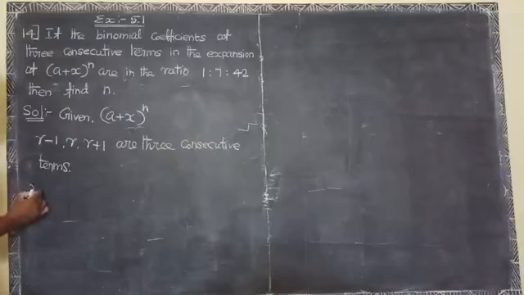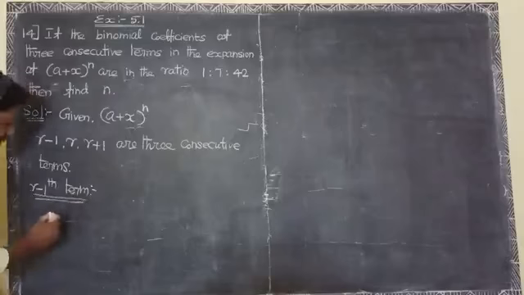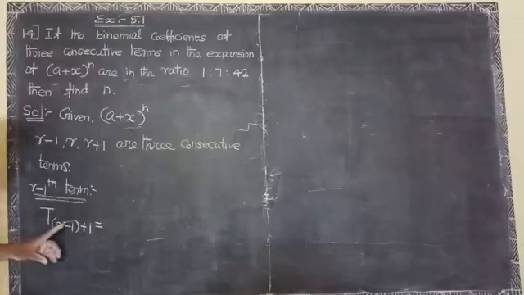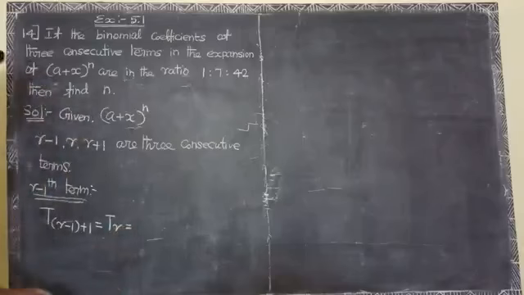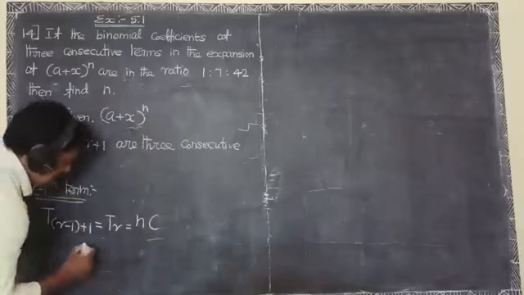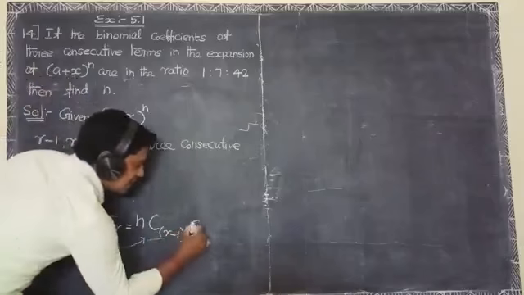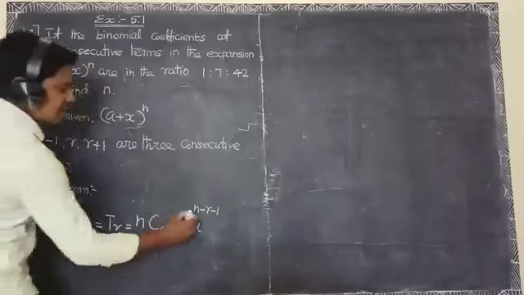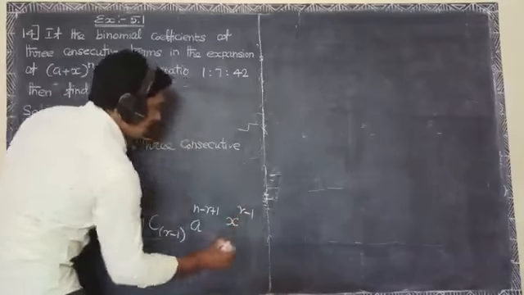Here the (r minus 1)th term is T(r minus 1 plus 1), which is equal to Tr, which is equal to nC(r minus 1) a power n minus (r minus 1) and x power r minus 1.